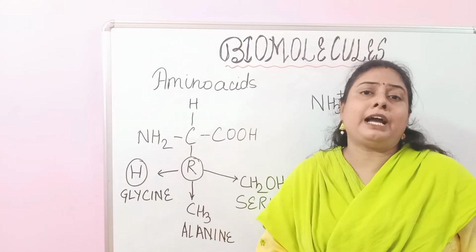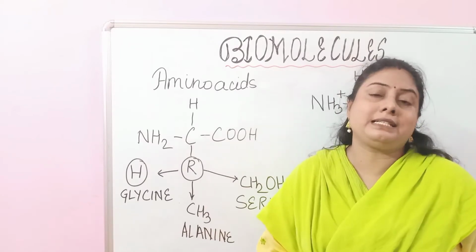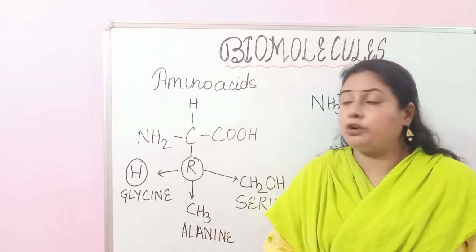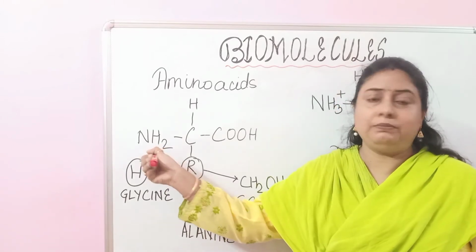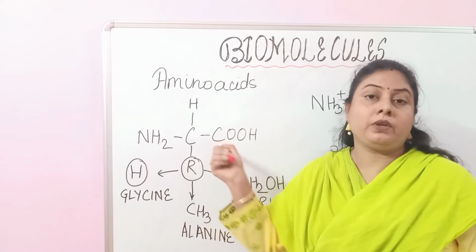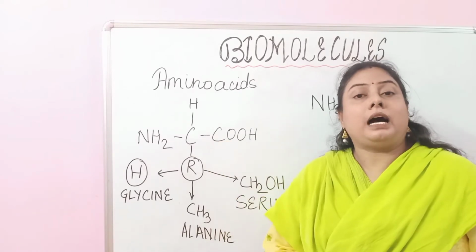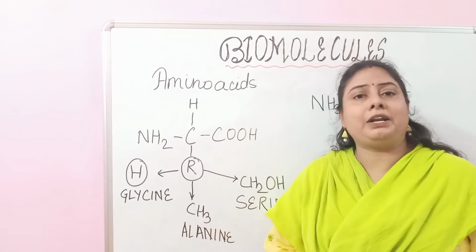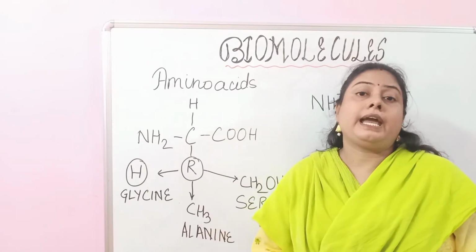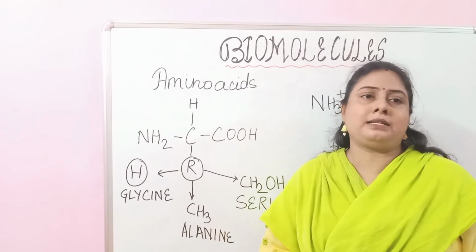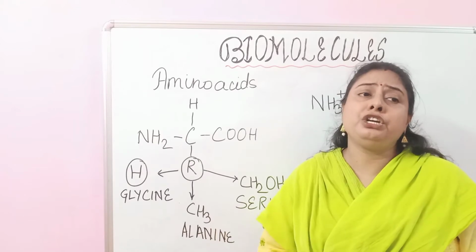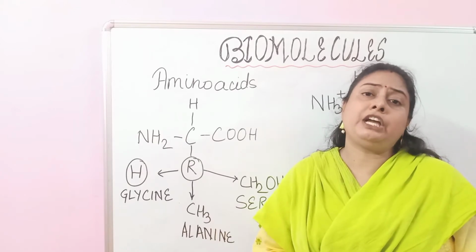Now, these amino acids are of three types, depending upon the number of amine group and carboxylic group. These are the acidic amino acids, like glutamic acid. It can be a basic amino acid like lysine, or it can be a neutral amino acid like valine.